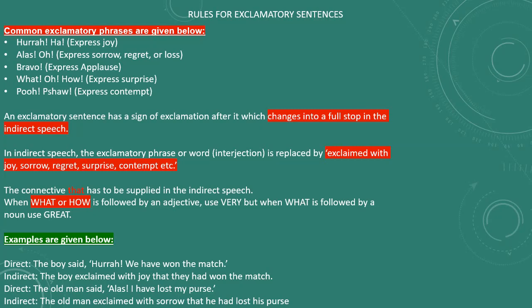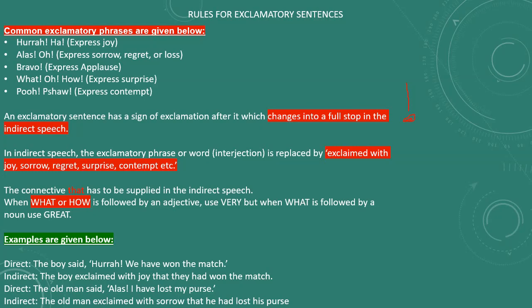An exclamatory sentence has a sign of exclamation after it, which changes into a full stop in the indirect speech. In indirect speech, the exclamatory phrase or word, that is the interjection, is replaced by exclaim with joy if the sentence expresses joy.